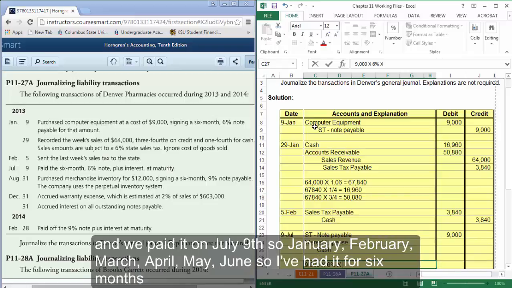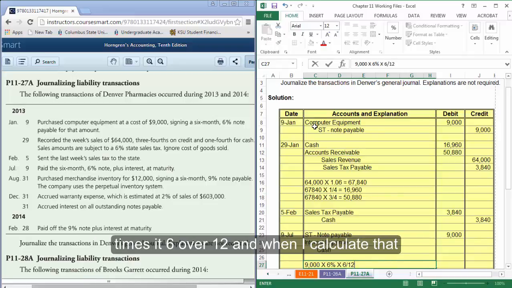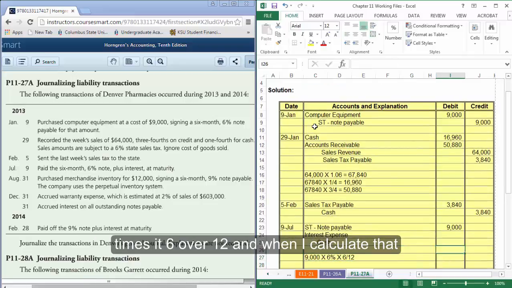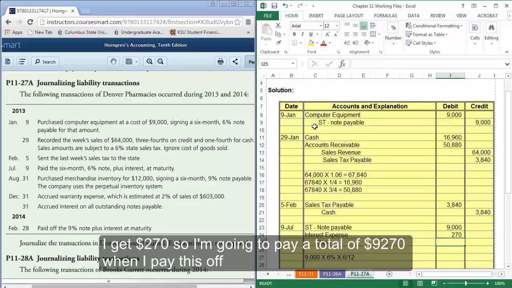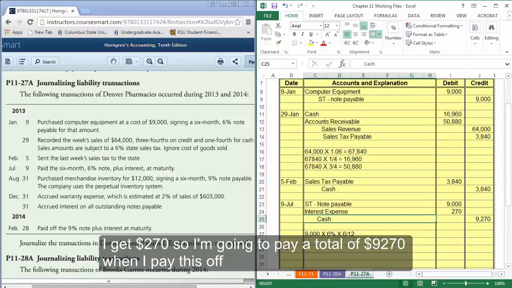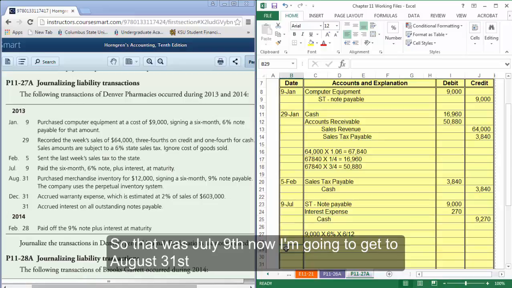So I've had it for 6 months. So I'm going to do times 6/12. All right. And when I calculate that, I get $270. So I'm going to pay a total of $9,270 when I pay this off. Okay. So that was July 9th.